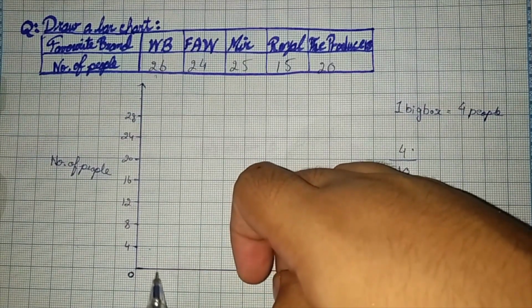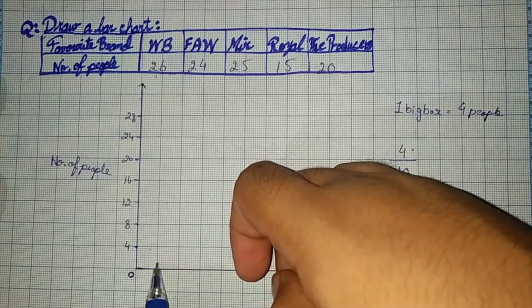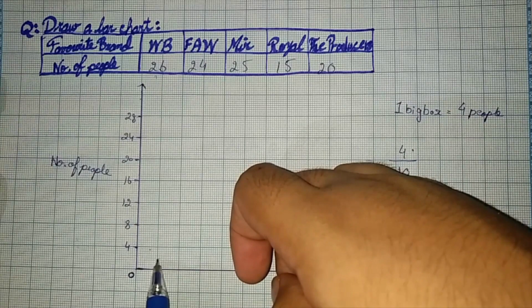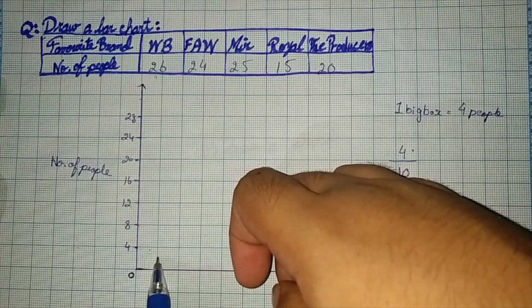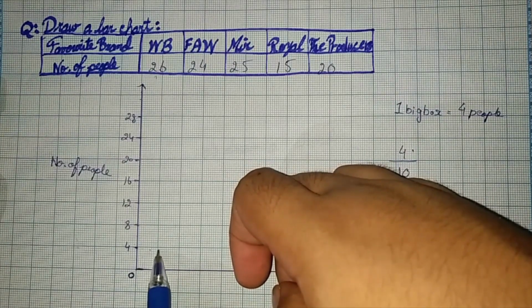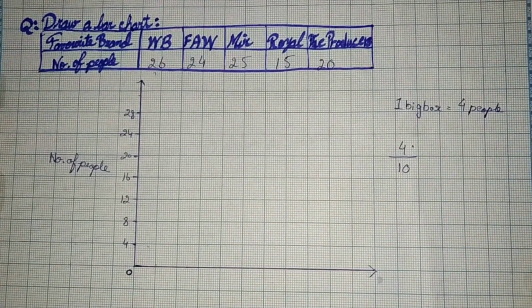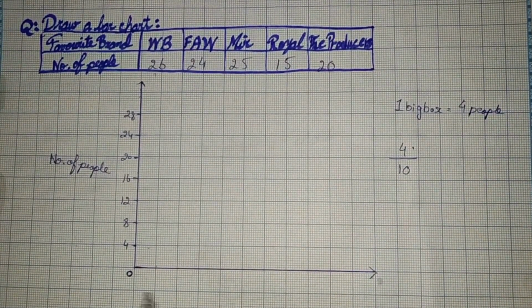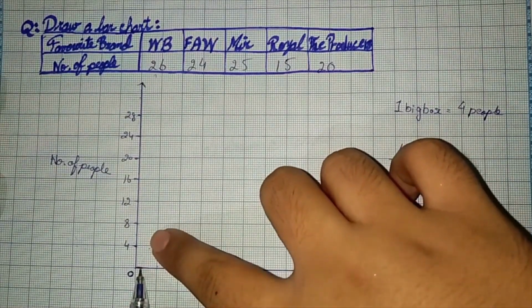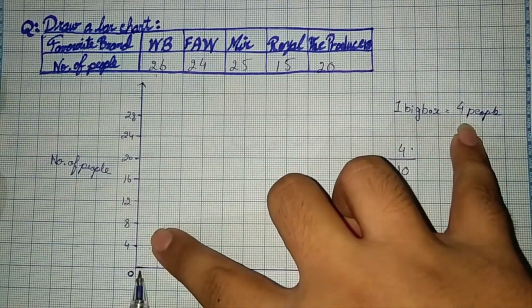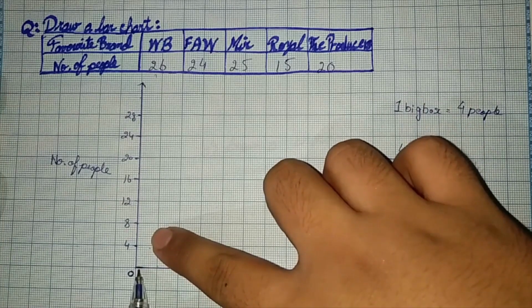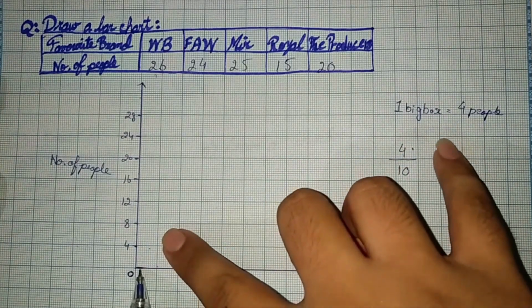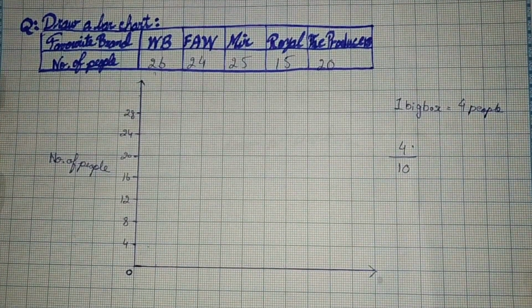You can count it: 1, 2, 3, 4, 5, 6, 7, 8, 9 and 10. So one big box is representing 4 people, and 10 small boxes are representing 4 people.